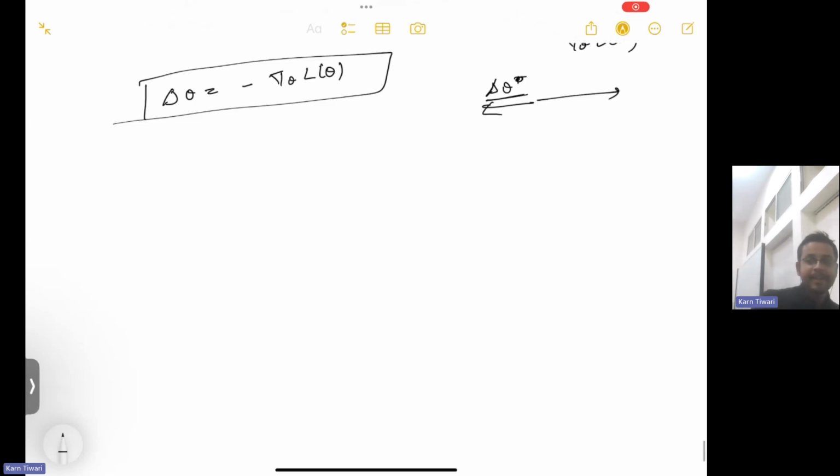It's called gradient descent because the gradient gives us the ascent vector. Descent in the sense that we are going to go in the direction opposite to the gradient.